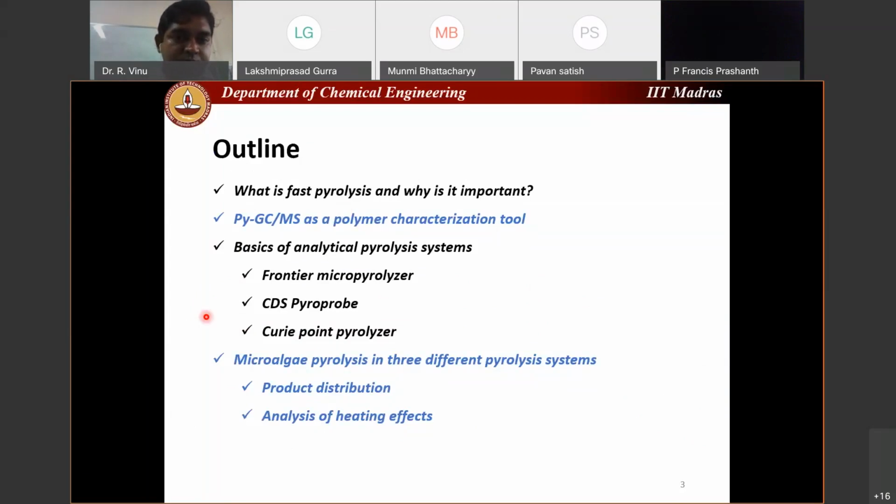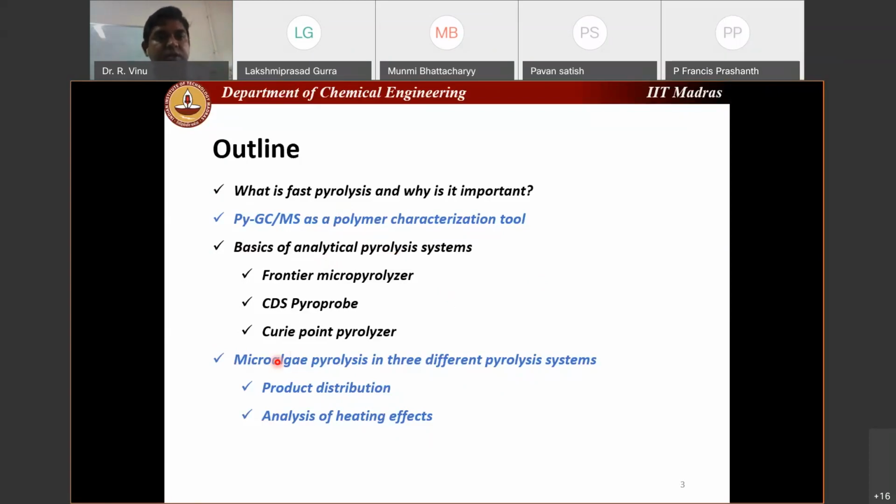I'll talk about the three different analytical pyrolysis systems that are available in the market, and luckily we also have them in our lab, so we have been trying to utilize them for multiple applications. And finally, I'll give one of our recent results wherein we try to do microalgae pyrolysis using all these different micropyrolysers, and I'll be talking about what the different reactor heating effects are that really contribute to the observed product distribution.